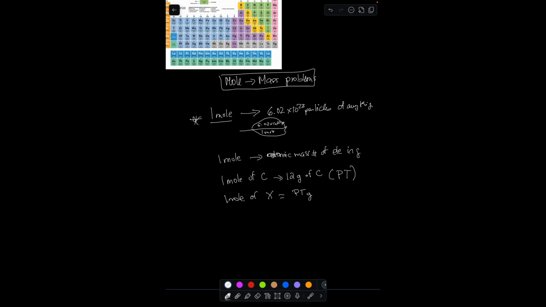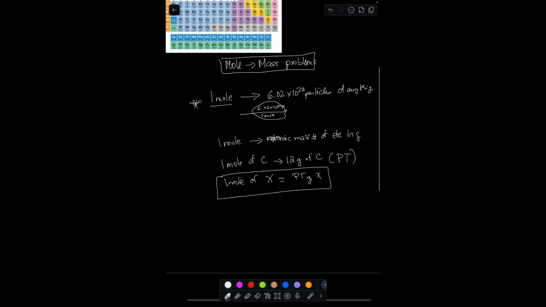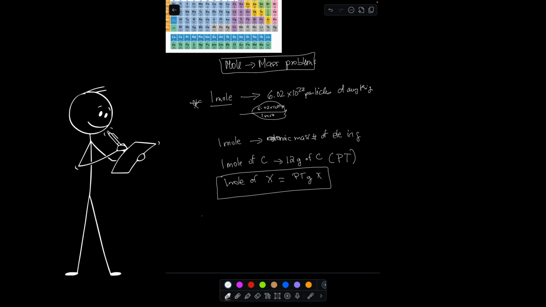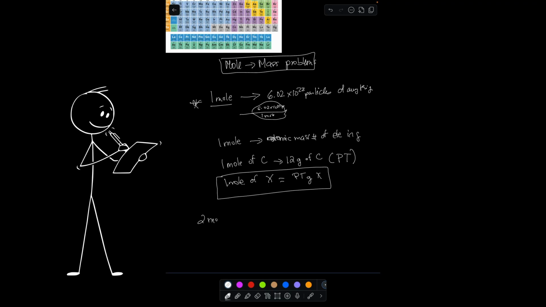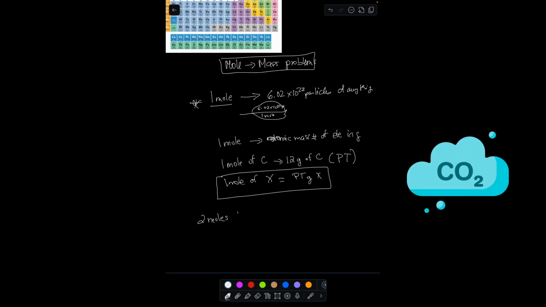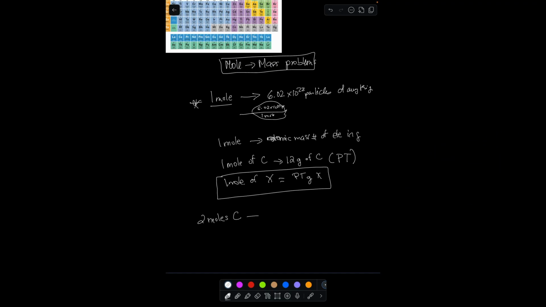The amount of the atomic mass grams of that element on the periodic table. So for example, let's say that I wanted to have 2 moles of carbon, and I wanted to find its weight in grams.